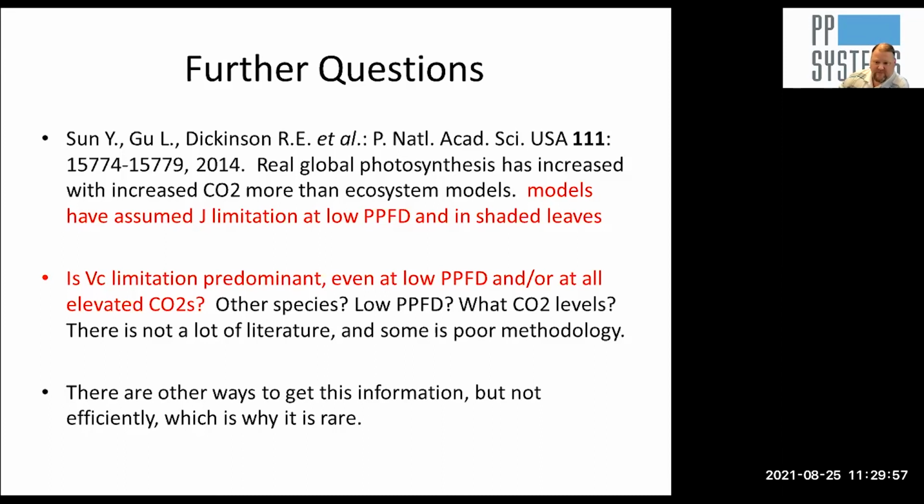First question that has come through: how to differentiate the carboxylation and light limitation with triosephosphate limitation while measuring? Yeah, I didn't mention triosephosphate limitation only because I never encountered it in these diurnal curves.